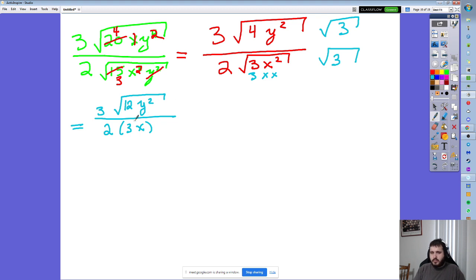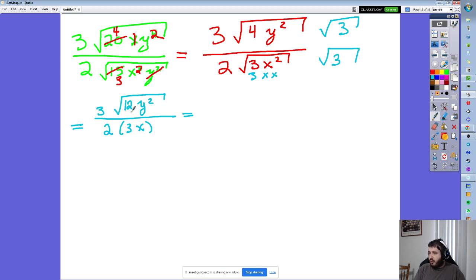see what you can do, right? Take a look. You see how there's a 12 in there and a y squared in there? Yeah, this is what I was talking about. Maybe there's something still in there from the top that we didn't simplify out. Right? 12, what does that break down to?